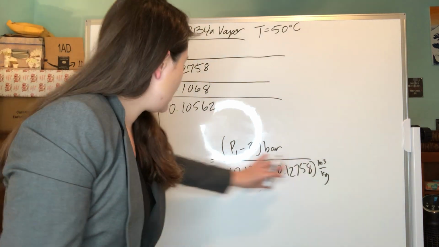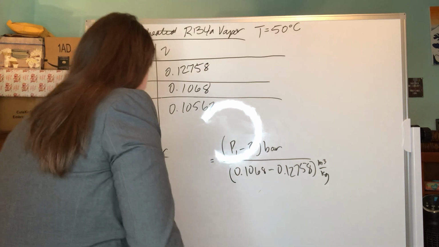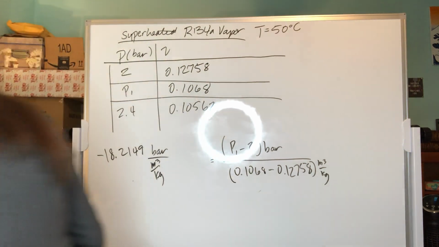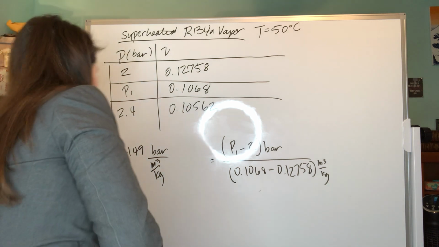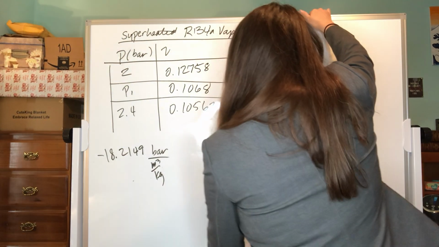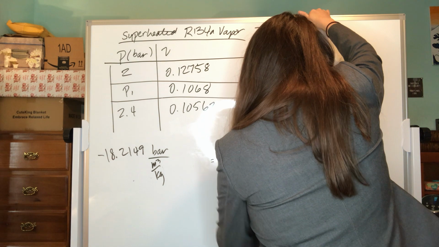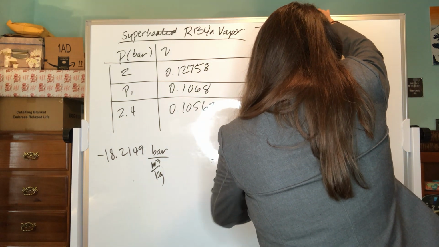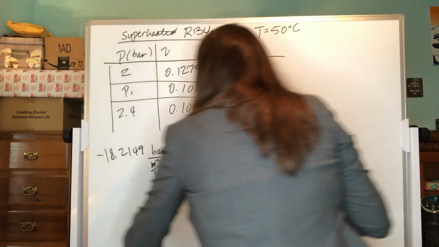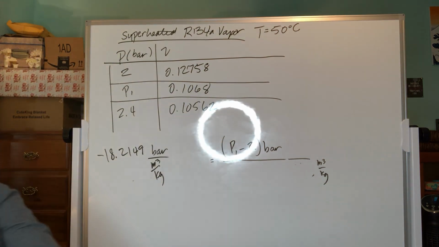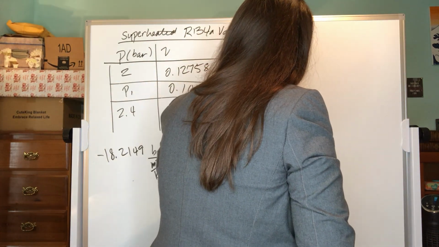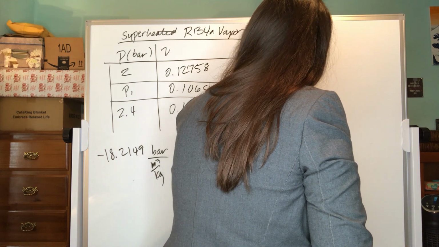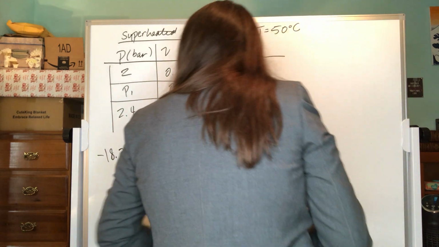And then I'm going to go ahead and subtract this part. If you have a calculator, you can do the same. This comes out to negative 0.0208 meters cubed per kilogram.